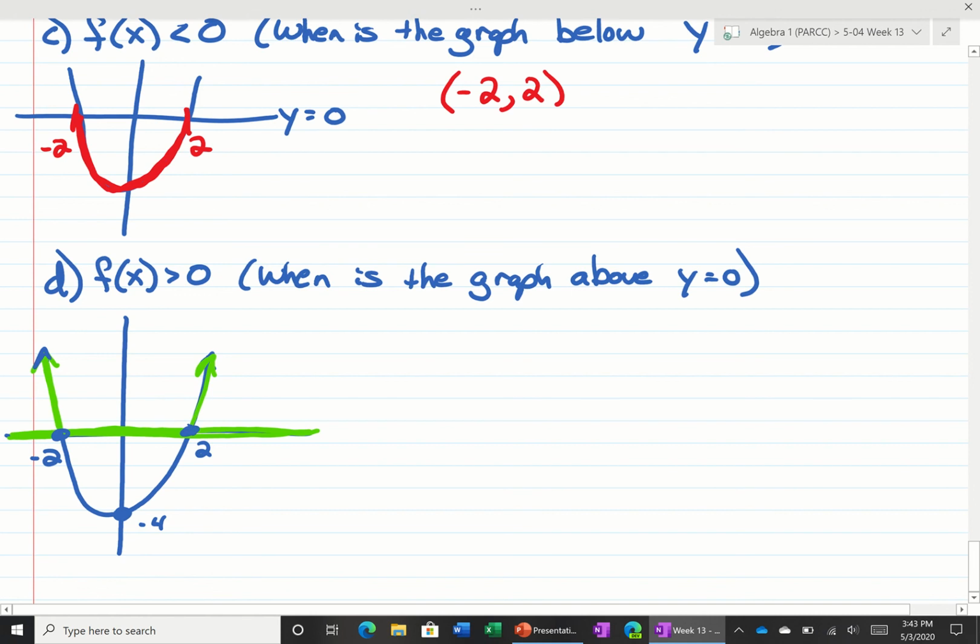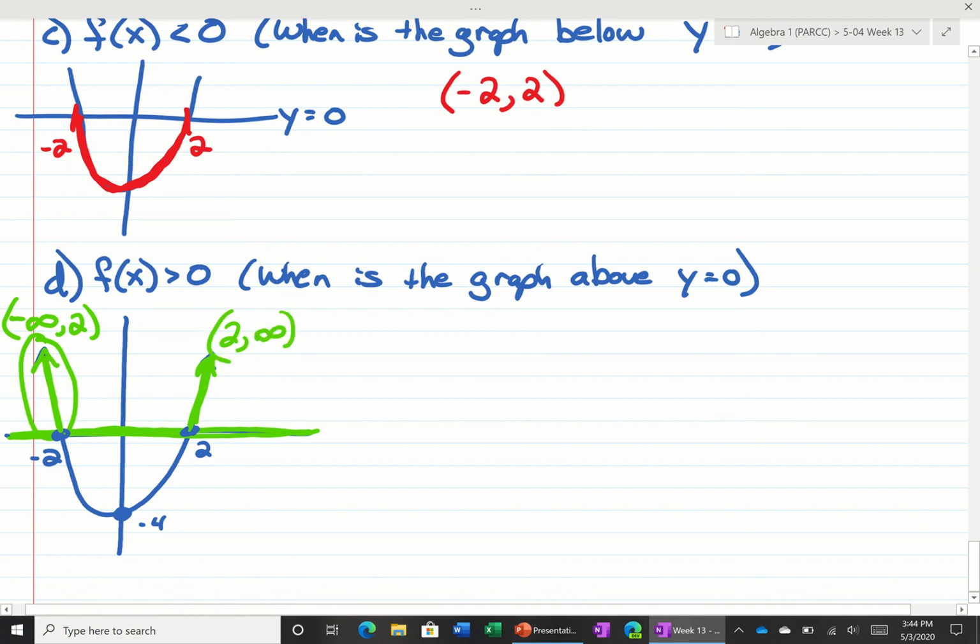So the way that we would write this is we always start from left to right. That piece would be all the way on the left side of the graph up until -2, the graph is above the line. On the right side of the graph, right here, starting at 2, and then if we go to the right, that area of the graph is above the line.